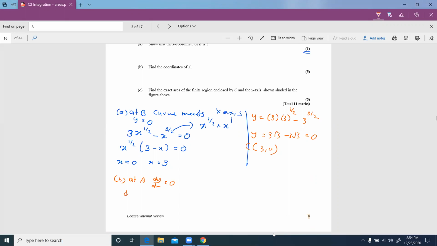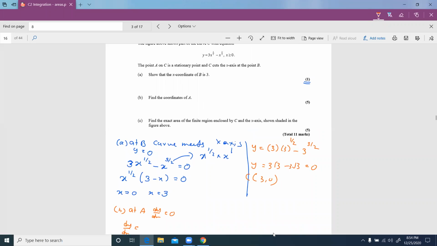So initially you can find dy by dx. If you differentiate this function, this is 3 into half, x to the power half minus 1 is minus half, minus 3 over 2, x to the power 3 over 2 minus 1 is 1 over 2.